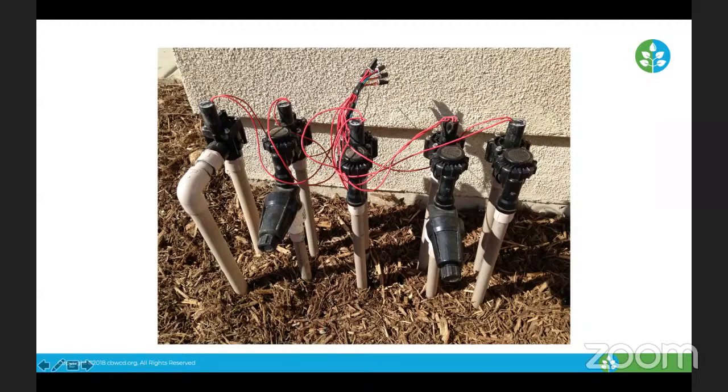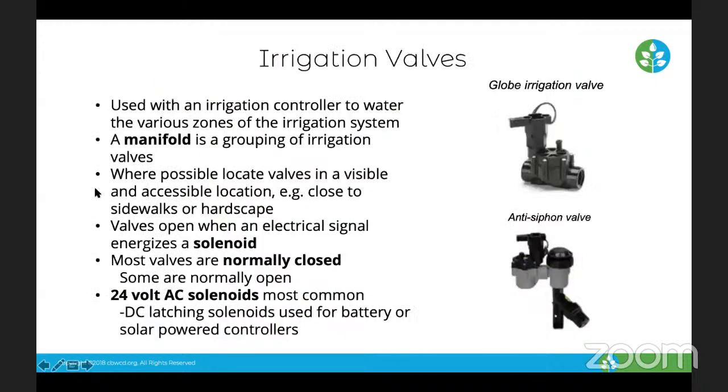So we have protection there, whereas in a residential setting you don't have a large backflow like that. These valves are designed to isolate the irrigation zone that it's watering, protecting each one of those individually.